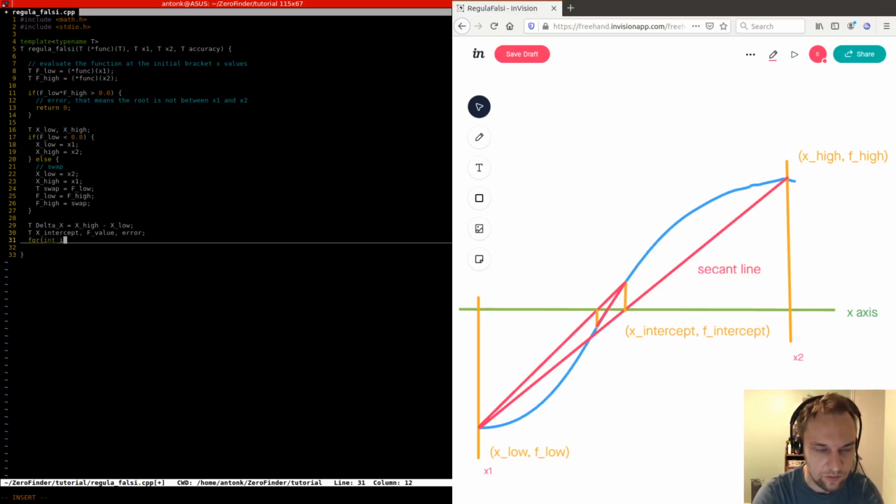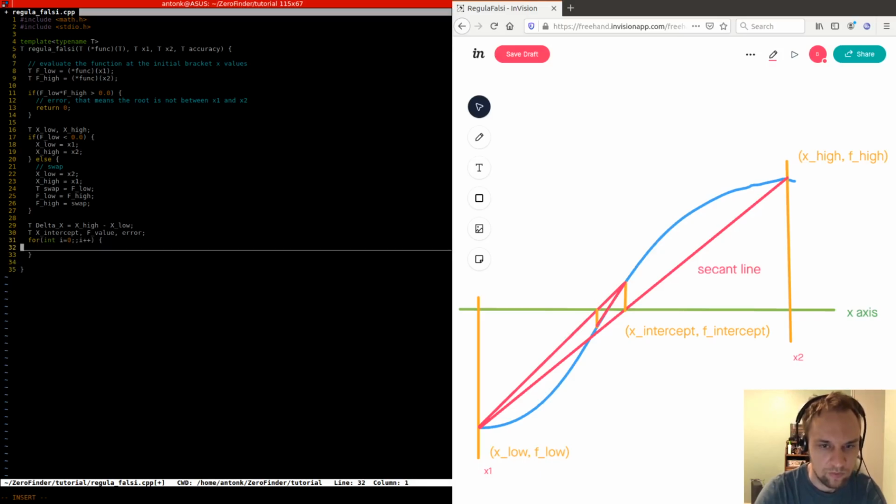And now in our iteration loop, we can calculate the x-intercept. It's going to be x low plus delta x times f low divided by f low minus f high.